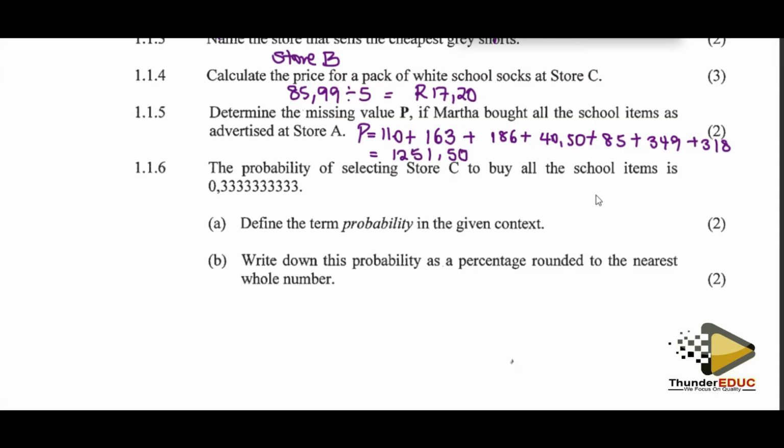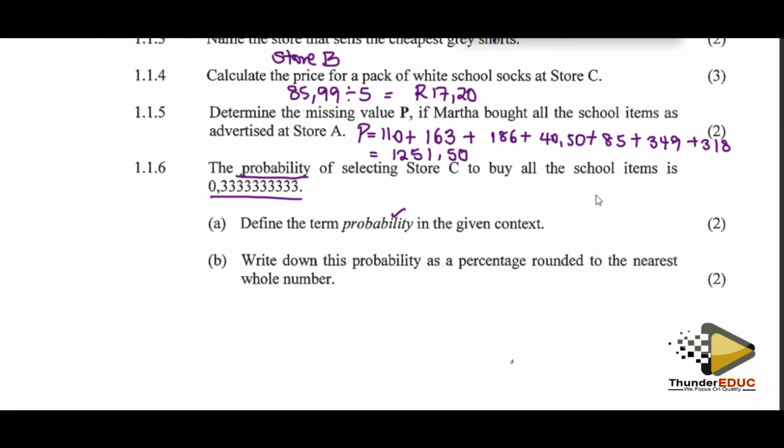1.1.6: the probability of selecting store C to buy all the school items is 0.3 recurring, meaning 3 repeats itself forever. As I said, define the term probability in the given context. Here we are looking at a probability of this much, but in your head you have to know it is the probability of selecting.